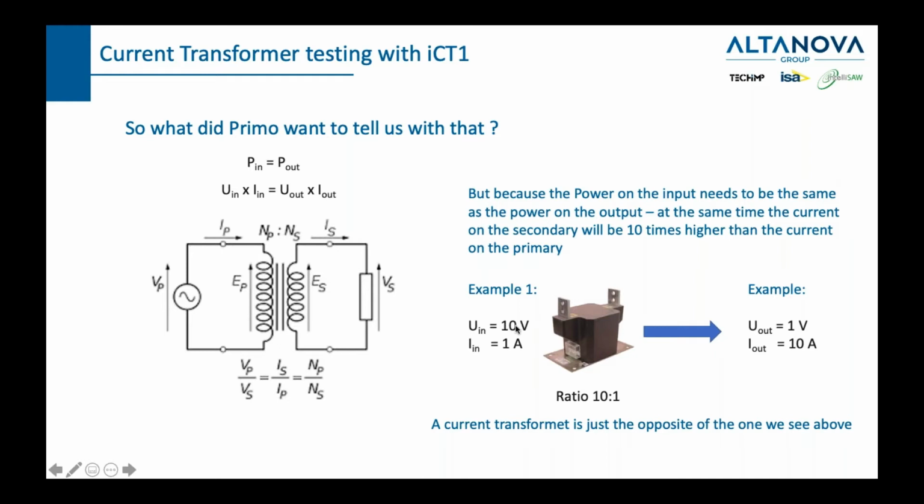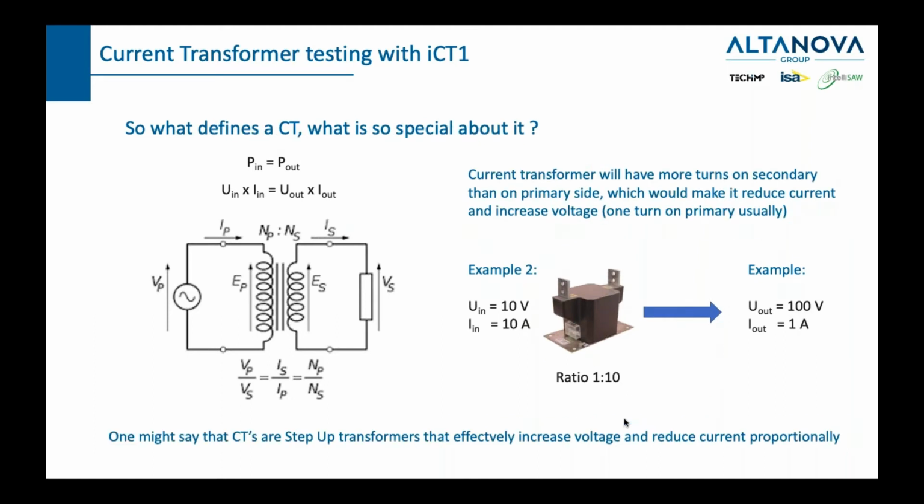That means that if I have 10 volts and 1 amp on the primary, on the secondary side my voltage will be reduced tenfold, so I will have only 1 volt. But in order to keep the power the same, I will need to have 10 times higher current. So in this case, we see a transformer, and a current transformer is just the opposite of the one we see above.